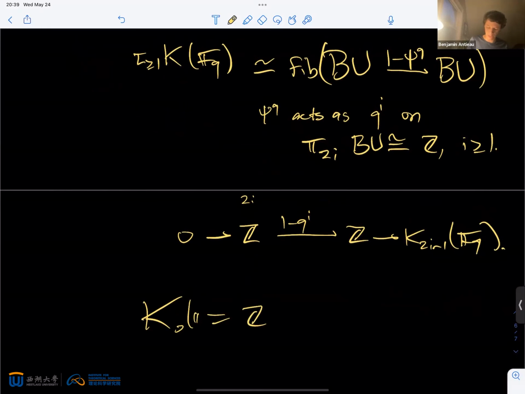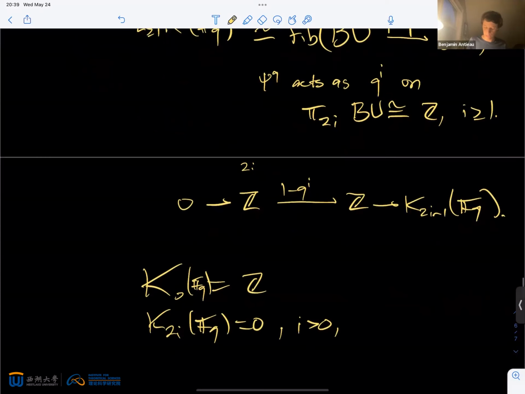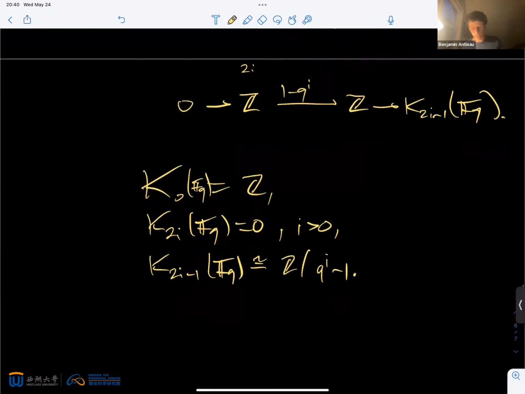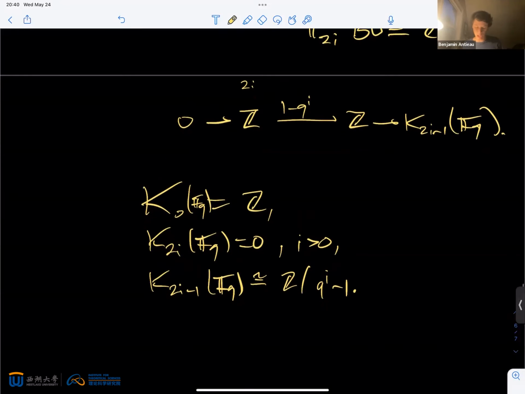K0 is Z. K_{2i} of F_q is 0 for i positive. And K_{2i-1} of F_q is Z mod q^i minus 1. Okay, that's a complete calculation.